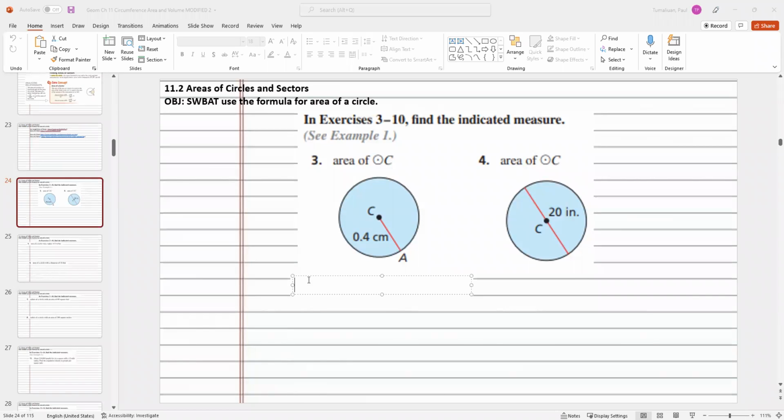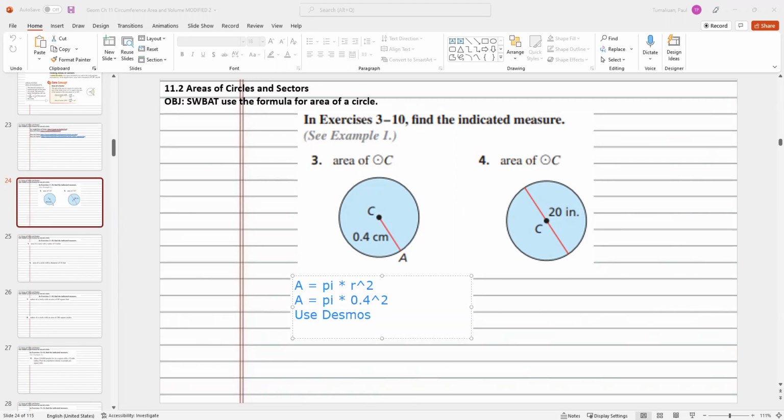So remember the area equals pi times r squared. And what is our r here? Our r is 0.4 centimeters. So we have pi times 0.4 squared. And then you put that into a calculator. Use Desmos. And I have it open over here. Let's see what we get.